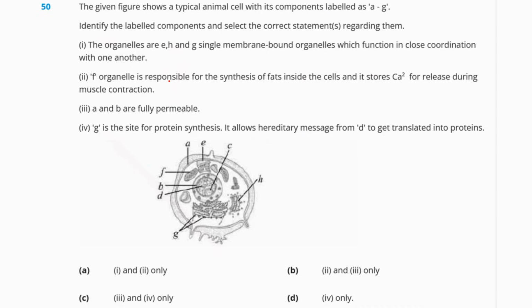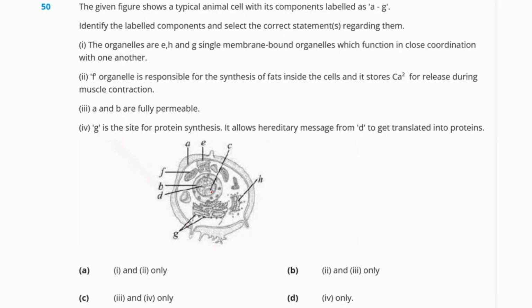Okay, first let us identify the picture. First, A is the plasma membrane. Okay. B is the nucleolus.